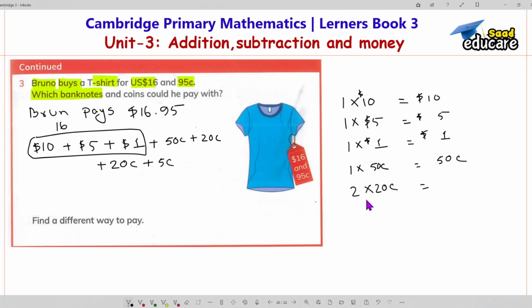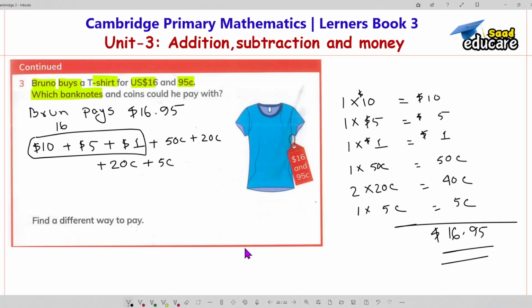It means he used 40 cent, and 1 times 5 cent. So here is 5 cent. So finally it becomes $16.95. Okay, so lots of ways you can solve this one.